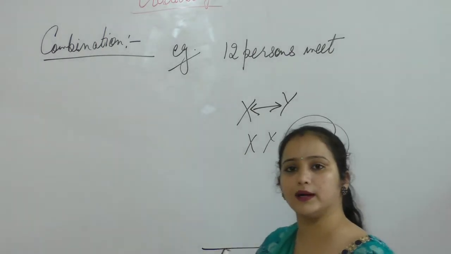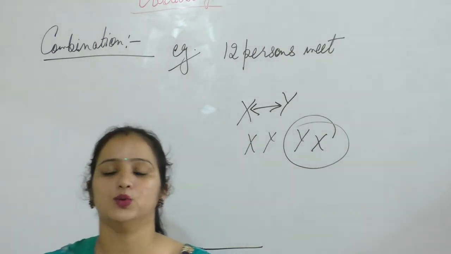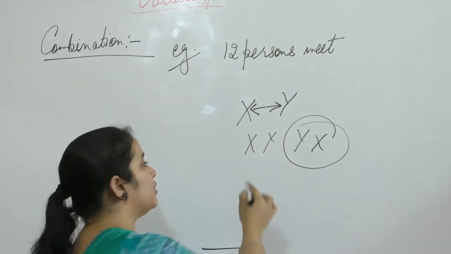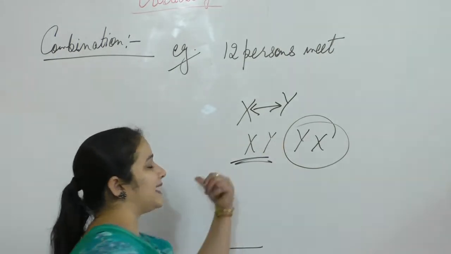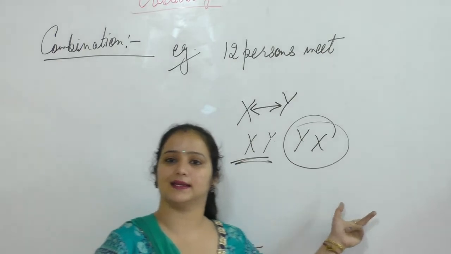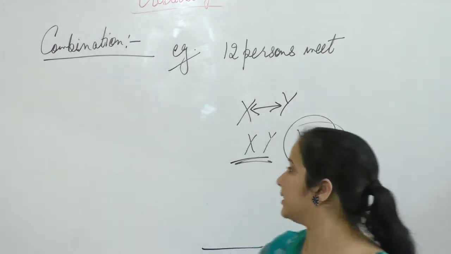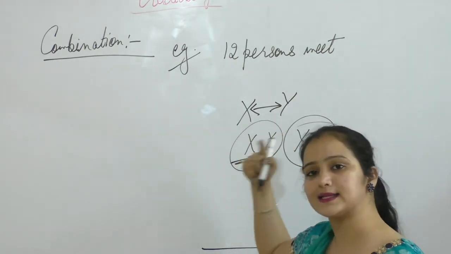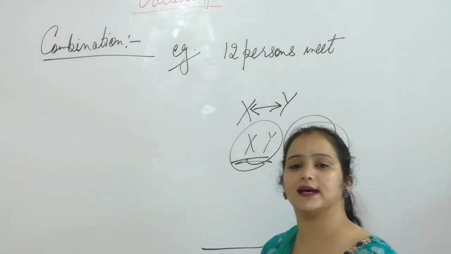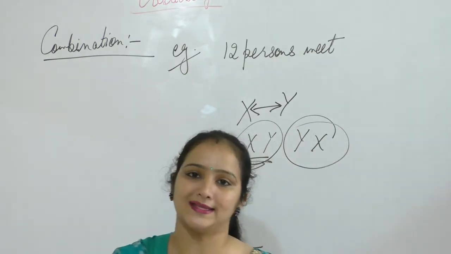Either X shook hands with Y or Y with X, that is only one selection.